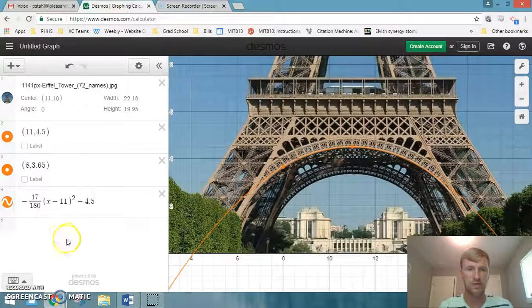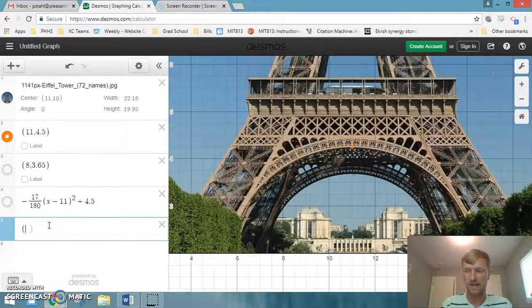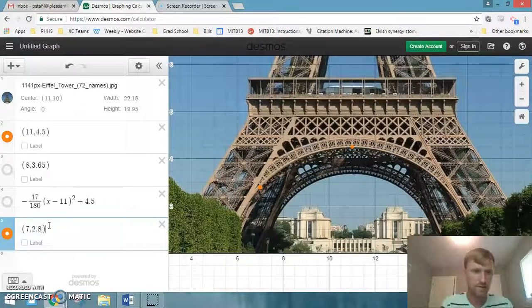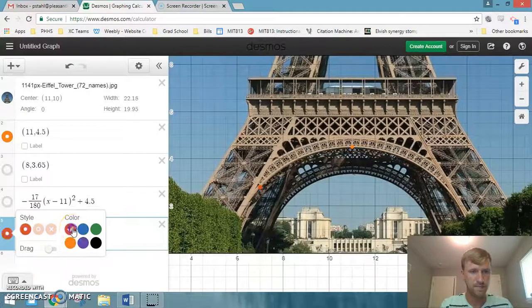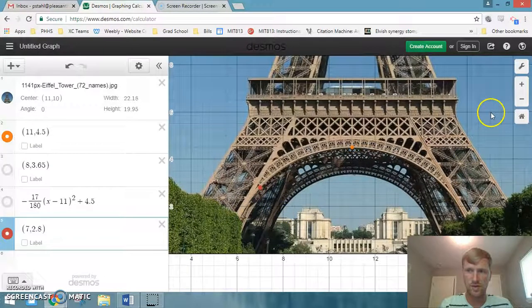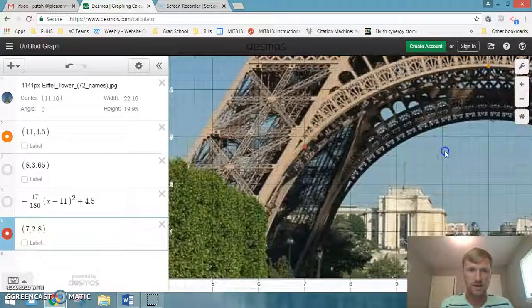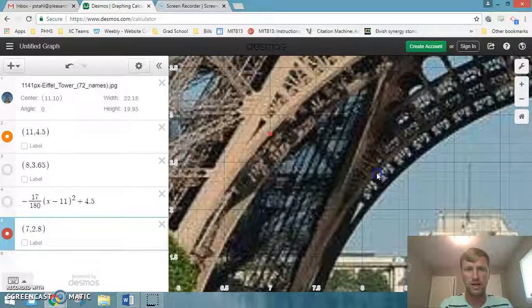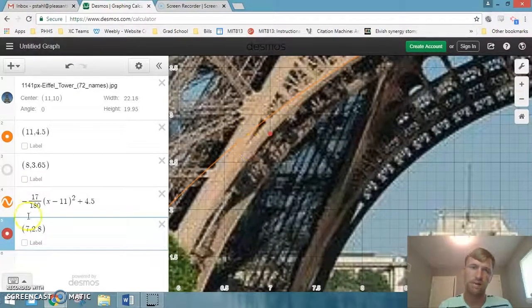that was more accurate. To do so, I kept the same vertex, but chose a secondary point, (7, 2.8). This point was lower on the parabola where the orange line was not hitting.